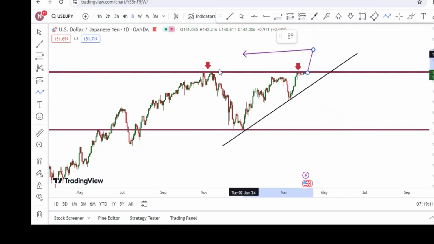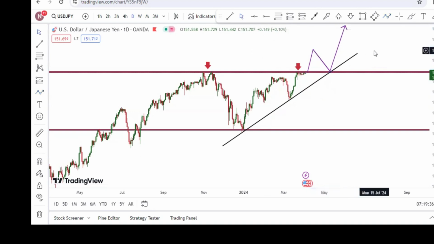So if the market breaks to the upside, breaks this zone, I will wait for the market to break, then retest this trend line. This will be my first touch, this will be my second touch, and at this zone there will be my third touch. This is where I will take my trade to the upside.